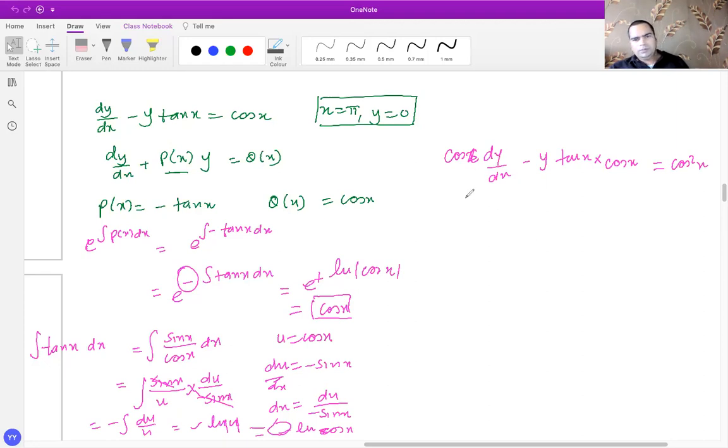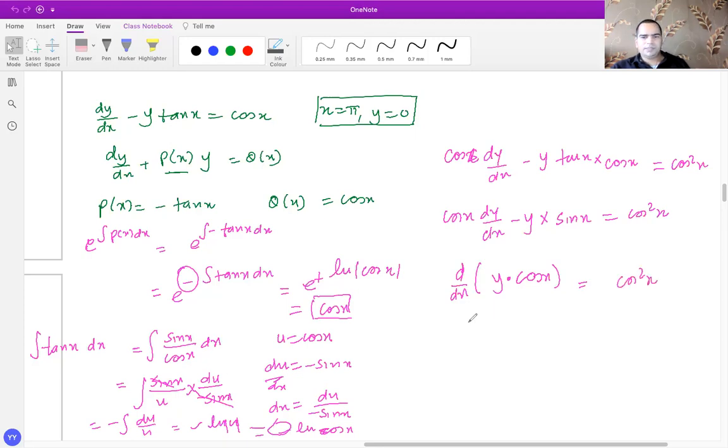When you do so, cos x times dy by dx minus y times sin over cos becomes sin x, equals cos squared x. Now after this, blindly you can write down that the left-hand side is the derivative of y times cos x, y times the integrating factor, equals cos squared x.